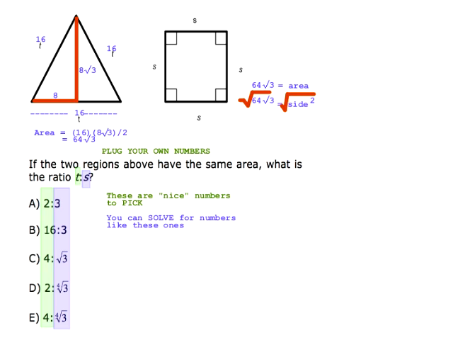Don't need to worry about plus or minus because these things have to be positive. So it's square root of 64 times square root of square root 3. And that's the side. And so that's your 8 square root 3.